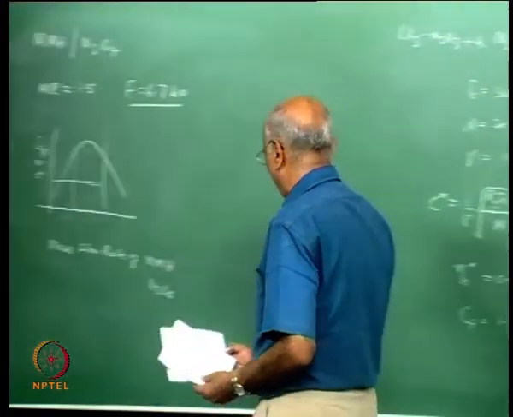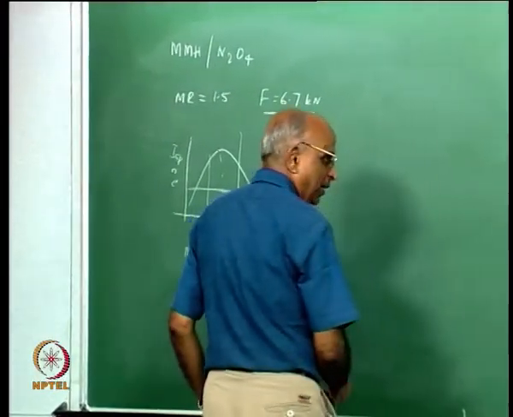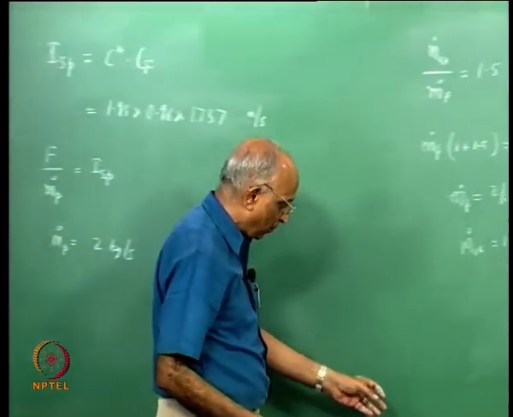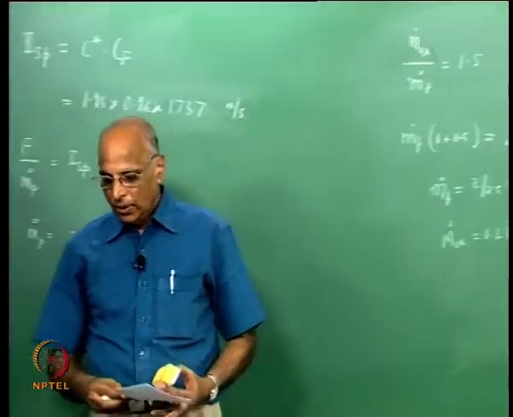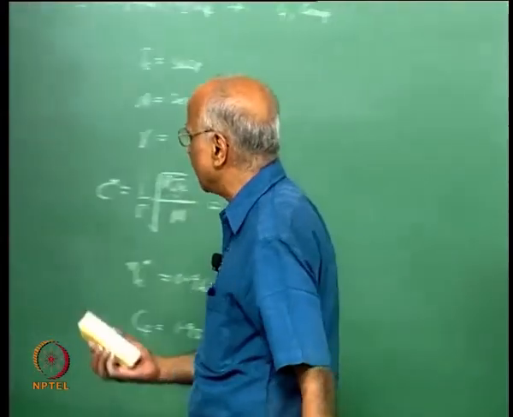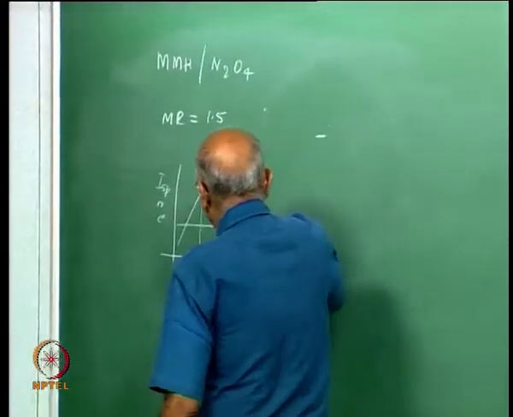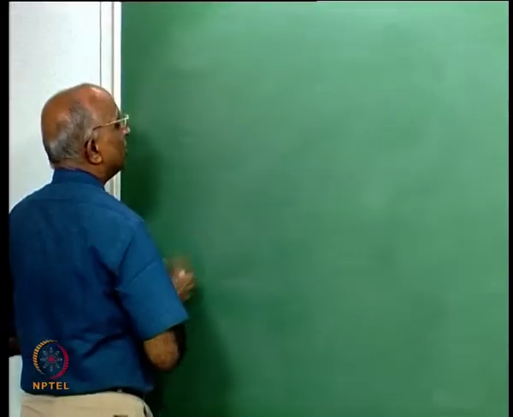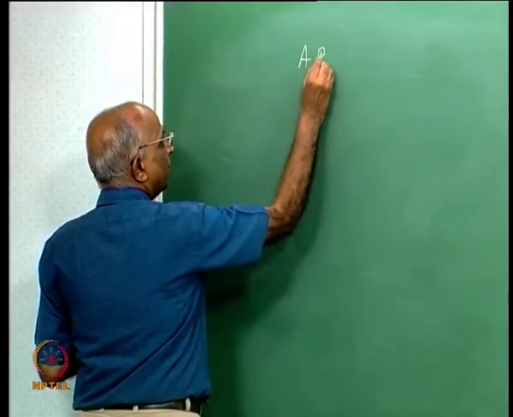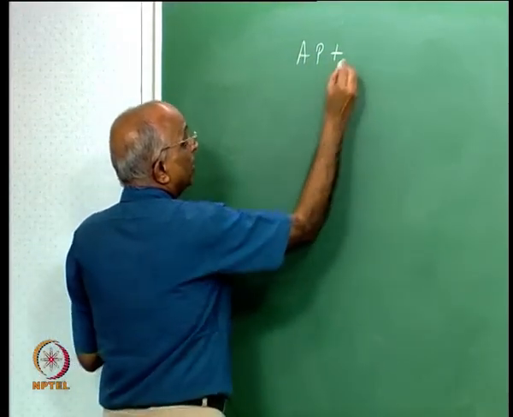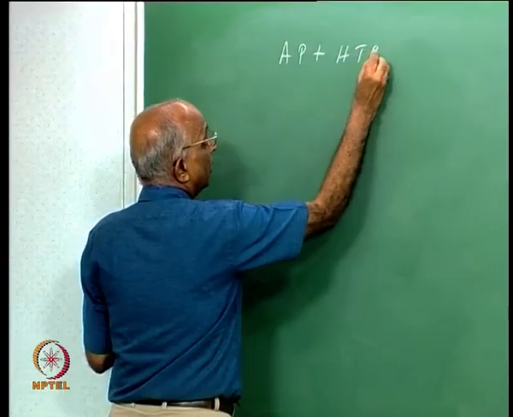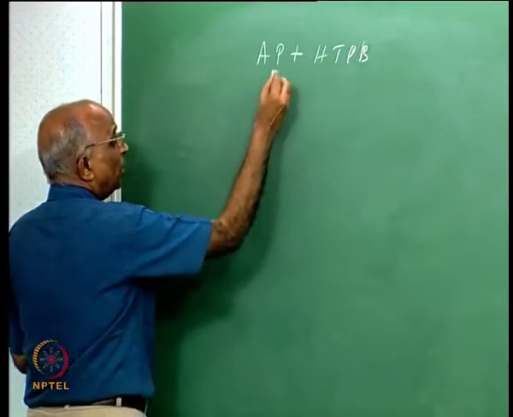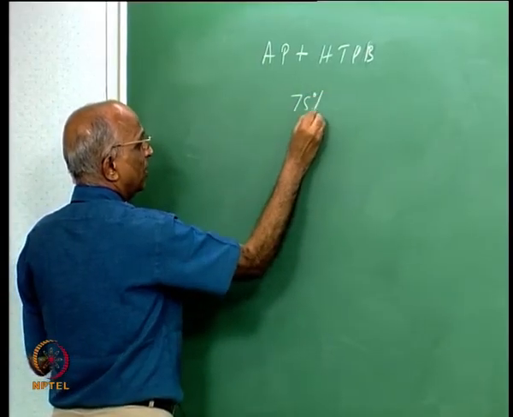Maybe another problem which we could consider: let us say I have a solid propellant which consists of ammonium perchlorate as oxidizer. I will just quickly go through it, we do not need to do it. I say I have a propellant which consists of, let us say, AP plus maybe HTPB. I say that the solid loading in this propellant is 75%.